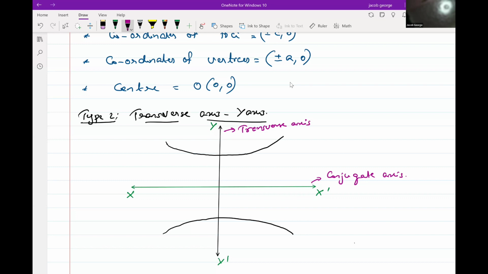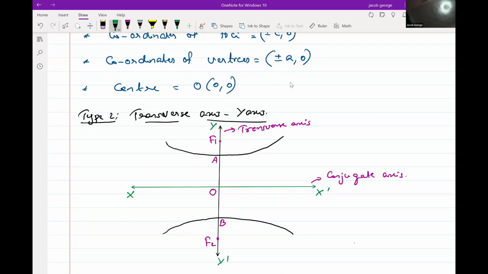Okay, so next we have to mark the center at origin. This all will be same. This is capital A and capital B, the endpoints of the transverse axis, as the vertices. And here we mark F1 and F2, that is also on y-axis here in second type.